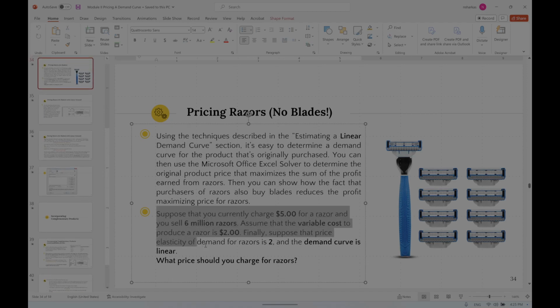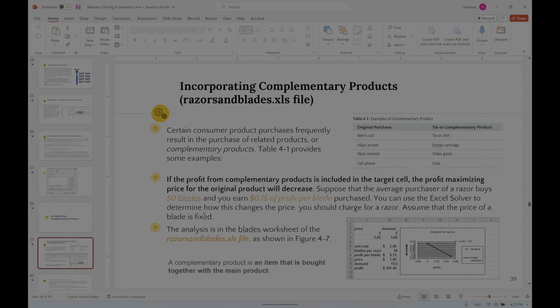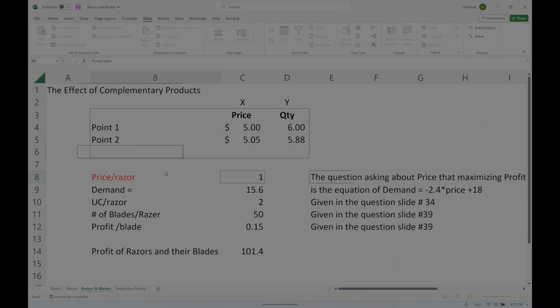This is the question, and then adding to that this portion, which is suppose that the average purchaser of a razor buys 50 blades and you earn in profits 0.15 per blade, and now find the optimal profits.